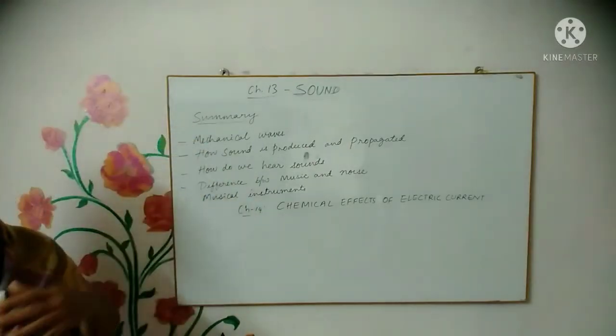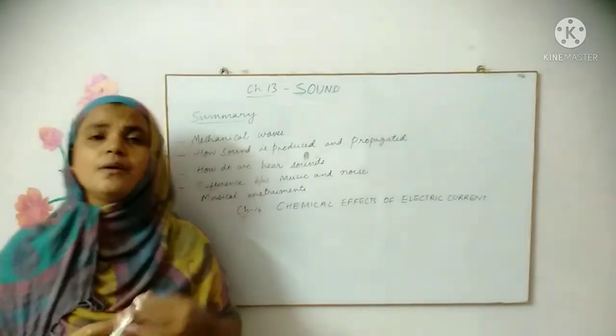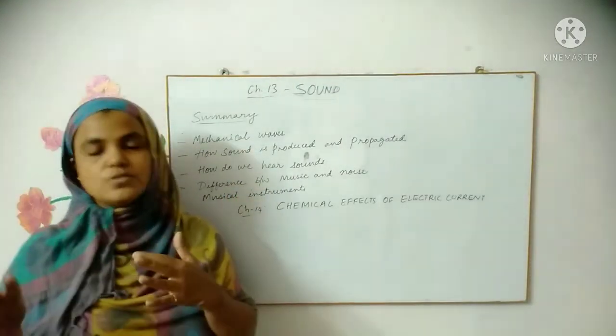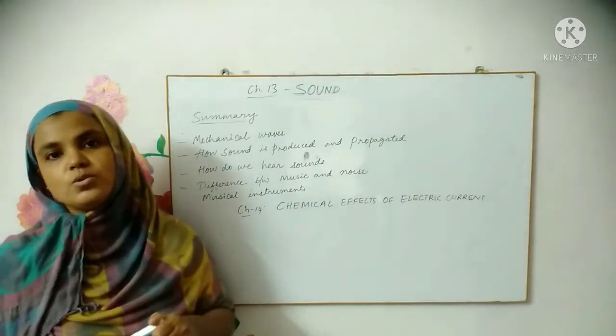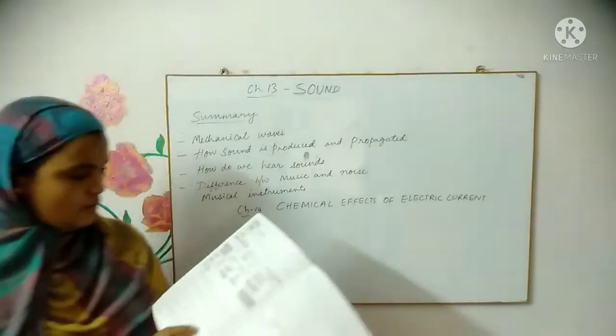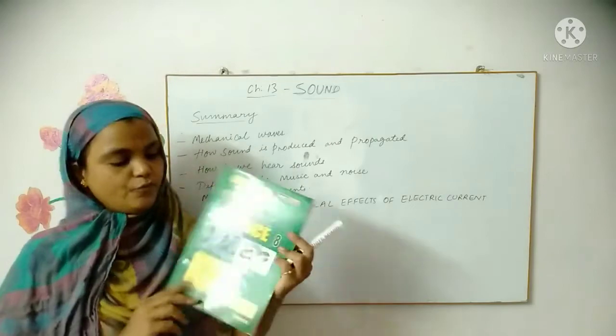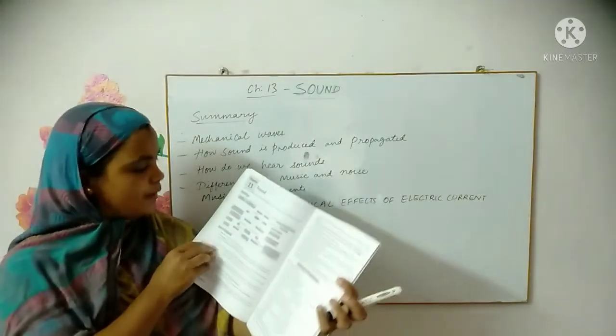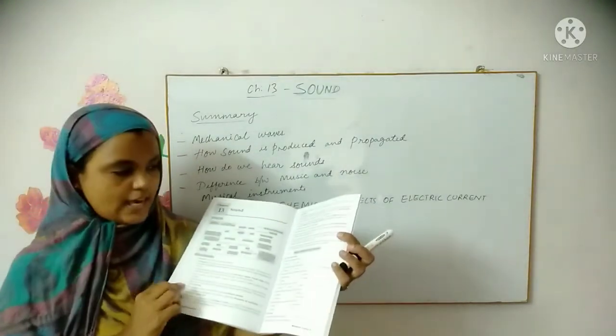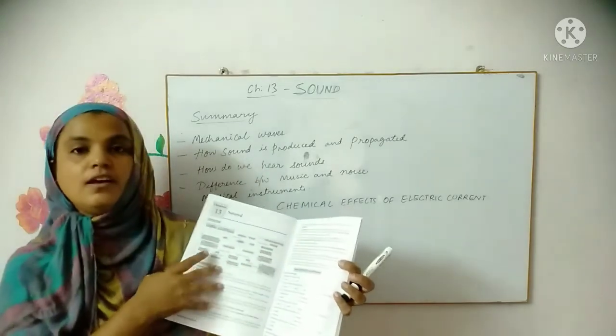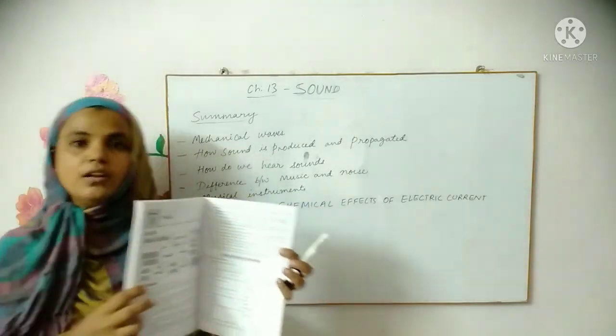So overall, sound is a very easy chapter, children. Please do complete notes. If one or two students have not completed the sound chapter notes yet, please do complete them. And I want you to complete this workbook, page number 138. Please draw this concept map in your classwork.